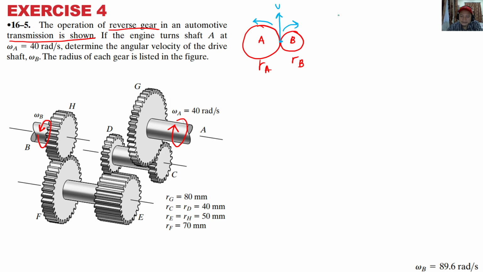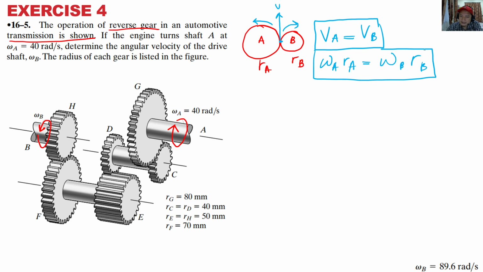This is your V. Due to the common velocity, VA is equivalent to VB. So you can get omega A RA is equal to omega B RB. So this works.